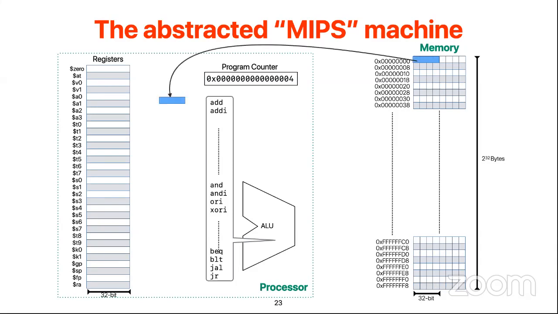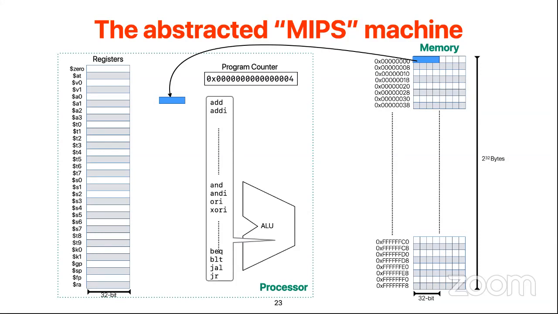And to execute a program on this computer, your processor has a contract with your memory controller saying that, okay, if I'm fetching an instruction, we will go to the address pointed to by the current program counter in the processor, and we fetch that instruction from there.